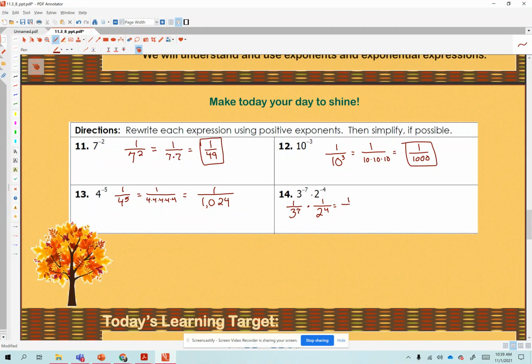Now, 3 to the 7th equals 2,187. Remember, we're multiplying here. 2 to the 4th equals 16. 1 times 1 is 1. And 16 times 2,187 is 34,992.